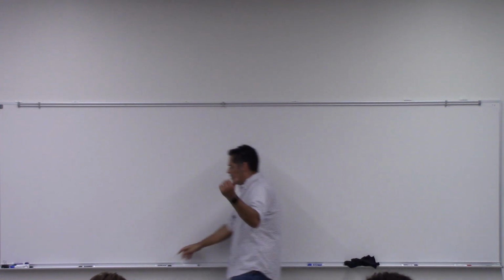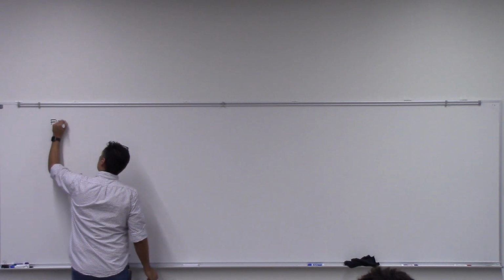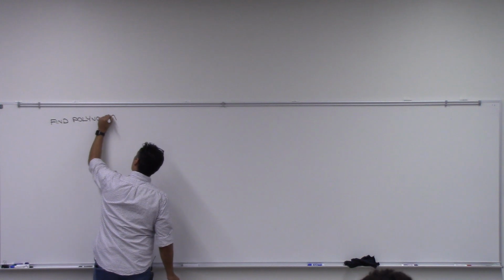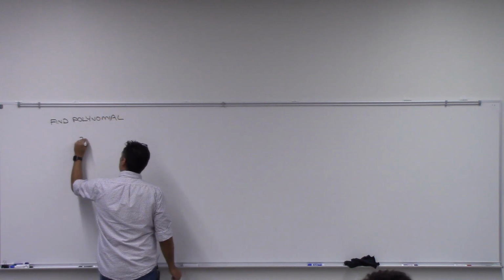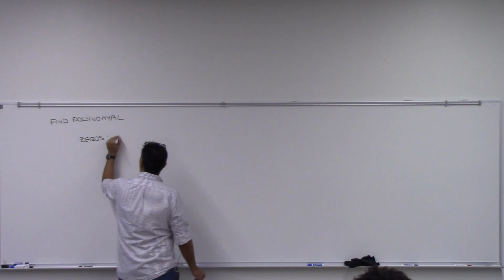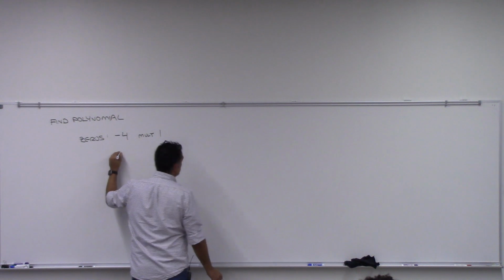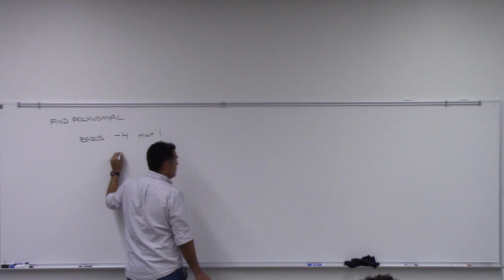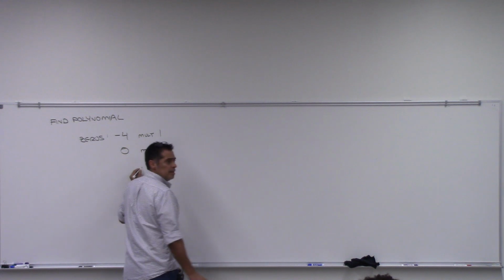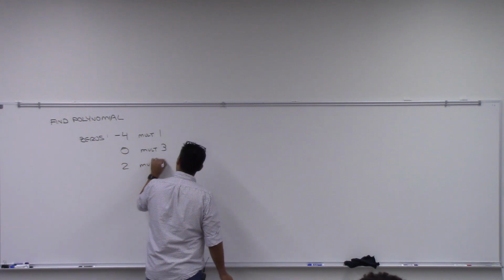And in case you can't read that, I'll put it up here. So you want to find a polynomial with zeros of negative 4, multiplicity of 1, 0 of 0, multiplicity of 3, 0 of 2, multiplicity of 1.